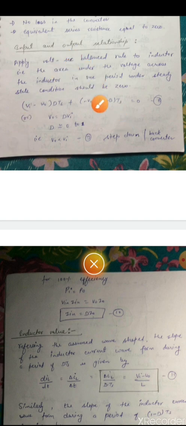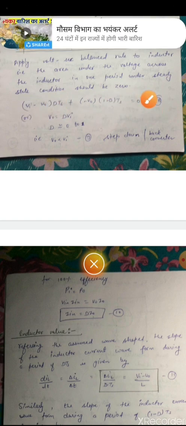In the D Ts mode the voltage across the inductor is Vi minus V naught, so multiply by D Ts, plus the voltage in the 1 minus D Ts mode, which is minus V naught, multiplied by 1 minus D Ts, equals 0. The average voltage across the inductor will be 0.